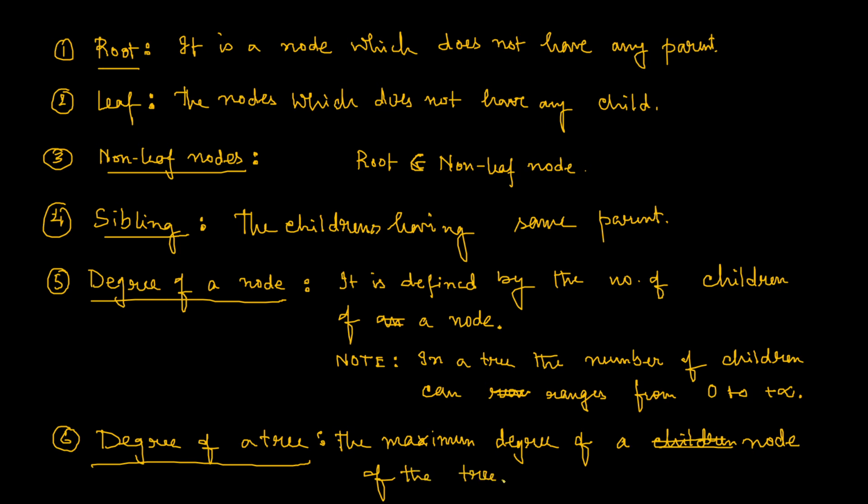So for example, in this situation, this particular node contains 4 children. No other node contains 4 children, right? So the degree of this tree is 4. Right.